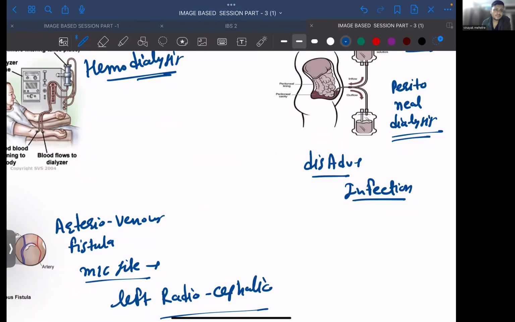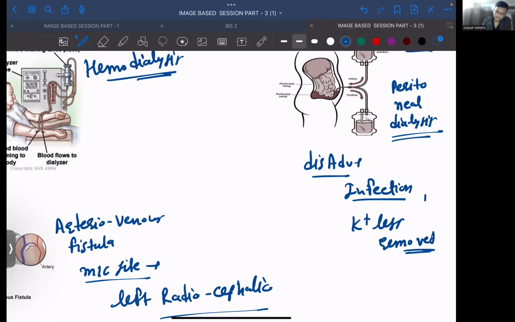The patient has a kidney problem and you are going to cause him infection. Patients can present with AKI as well, CKD with acute kidney injury as well. And the second complication is that potassium will be less removed.